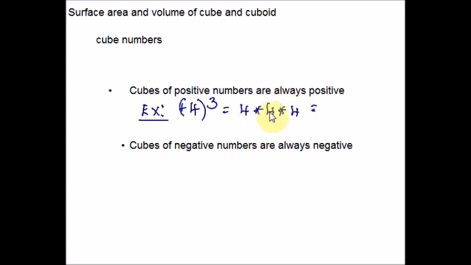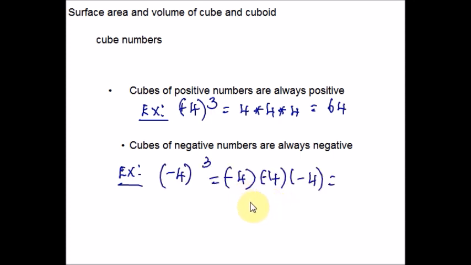So 4 times 4 is 16 and 16 times 4 is 64, with a positive sign. Same way when you take a negative number, the cube of this negative number would become negative times negative is positive, positive times negative is negative, so we will get negative 64 here.